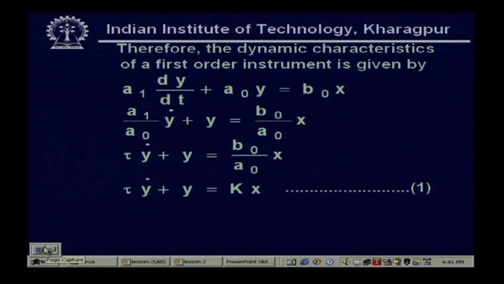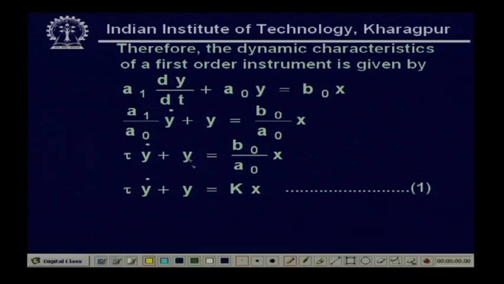So, we have multiplied the entire equation by A0, and I got the equation A1 by A0 y dot plus y equal to B naught by A naught into x. So, dot we just replace dy by dt. Now I replace A1 by A0 equal to tau, tau y dot plus y equal to B naught by A naught x.